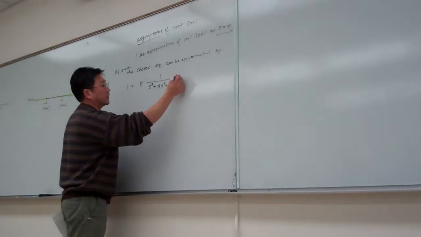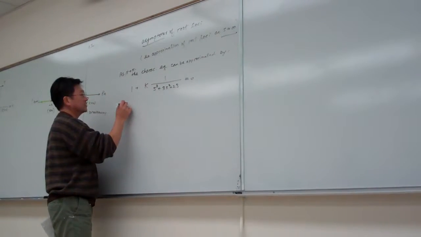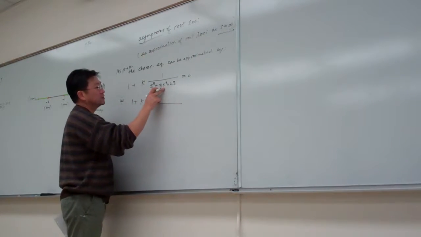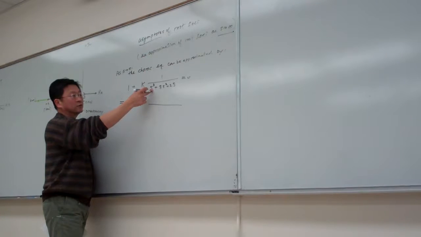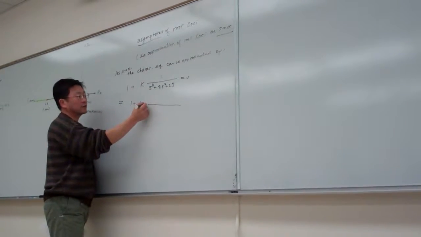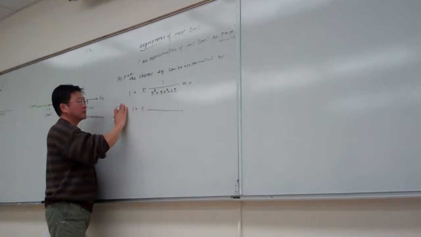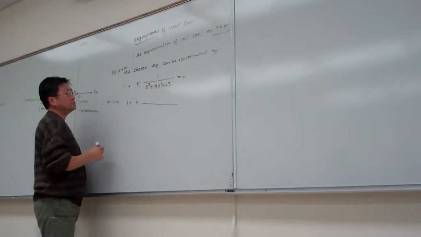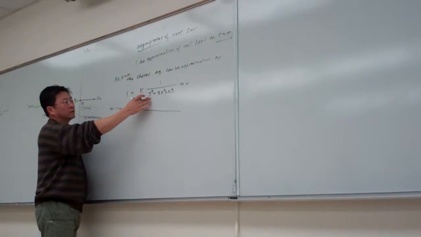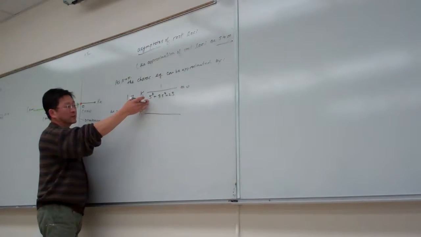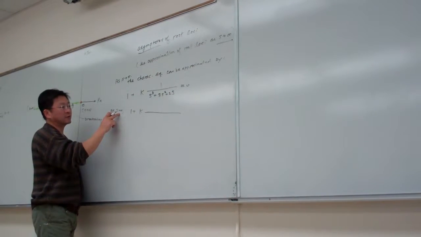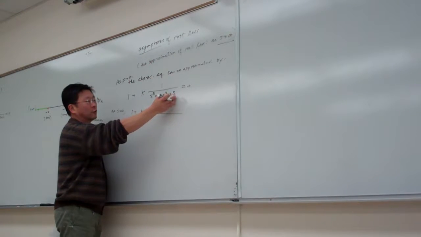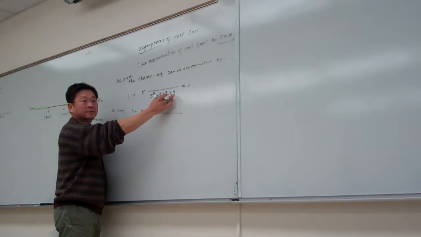Okay, so this is the original one, and then that can be approximated by this 1 plus K, because in this way K s is going to become very large. If we want to know the behavior of the characteristic equation for the large value of s, pretty much we can ignore the lower order of s, okay?